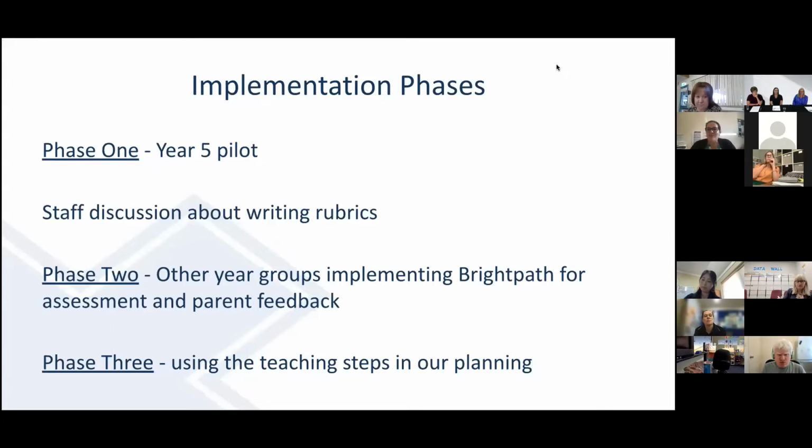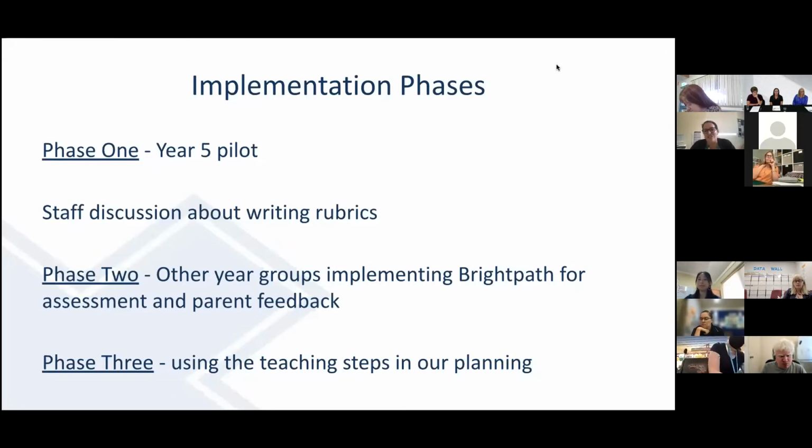And really, we've come to the point where a writing rubric or a checklist can be quite useful for students to just check in that they've got all the elements. But I'm yet to find a perfect writing rubric that gives us the information that we need. Nothing like what Brightpath gives us.